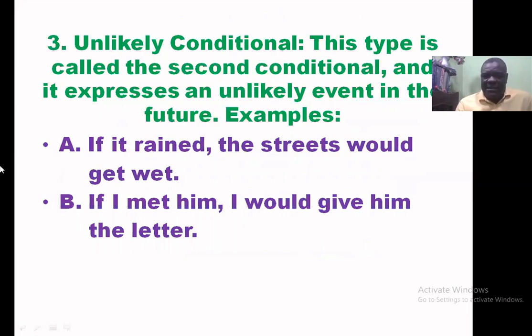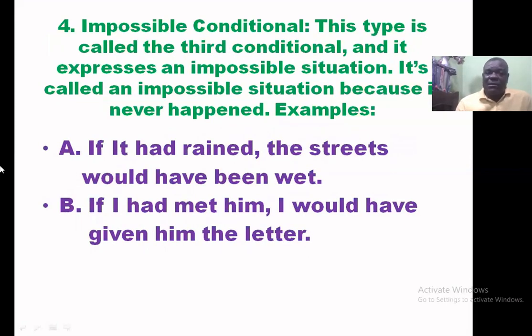If it rained, the streets would get wet. If I met him, I would give him the letter. It's an unlikely condition. Then we discussed the impossible condition, totally impossible. If it had rained, the streets would have been wet. Or let's look at this example.